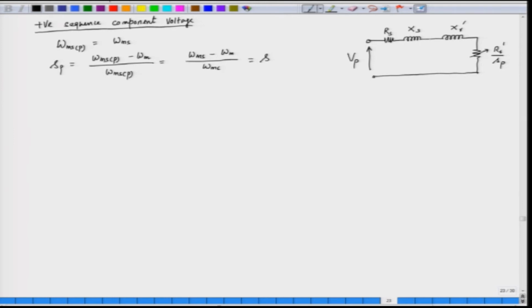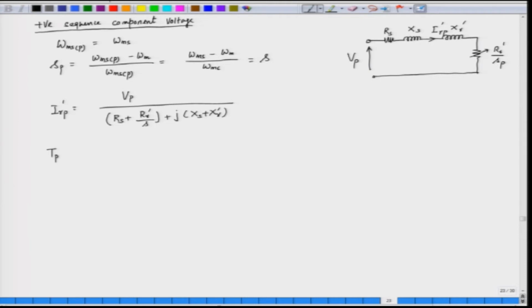So, we can derive the rotor current here, that is Irp for the positive sequence component. Irp is given by Vp divided by Rs plus Rr prime by S plus j into Xs plus Xr prime. What about the torque here?